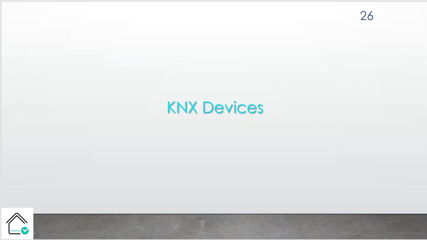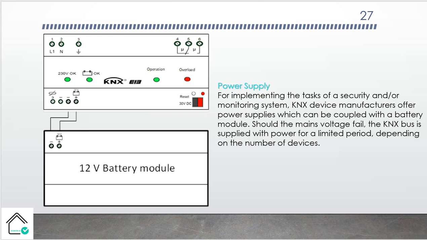Okay, some notes that the book provides us for KNX devices in this concept, security systems. The power supply unit. You can see we have the power supply unit in KNX with 12 volt battery input.